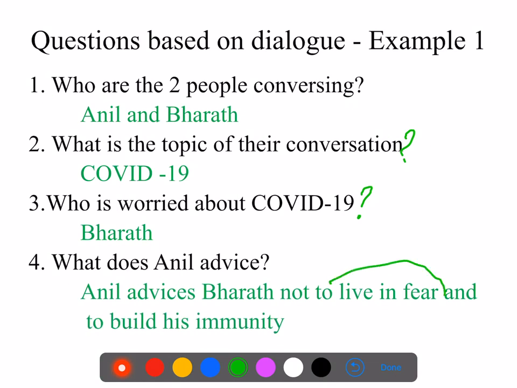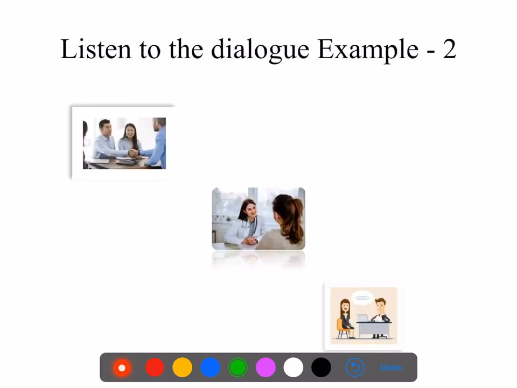The advice given here is, you should not live in fear and we must do something to build our immunity because we have to learn to live with it. So how was this dialogue? I'm very sure all of you found it very easy because there are certain terms which are repeated, the topic is very gentle, and it is spoken about by all every day. So you need not be a great brainer to remember this.